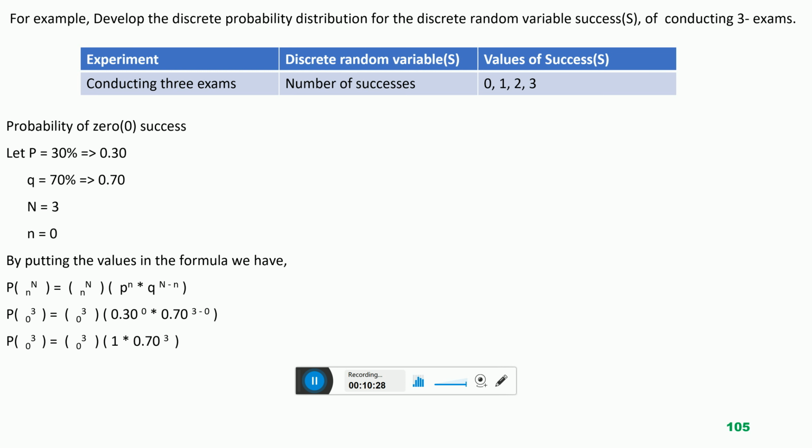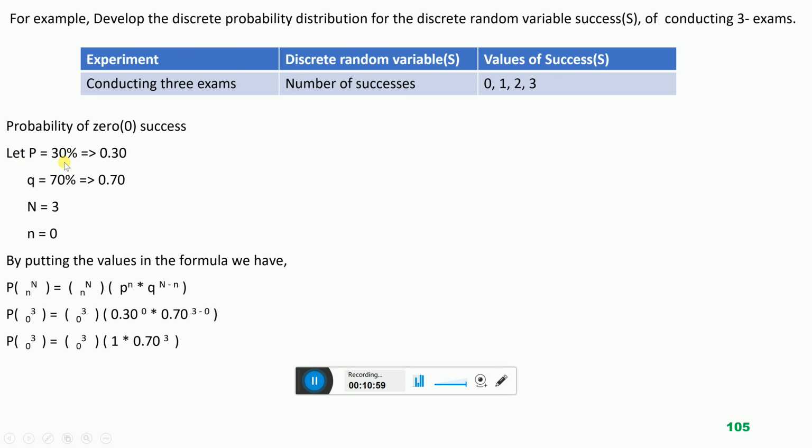So it means we can use the binomial discrete probability distribution function to assign the probabilities to the values of the discrete random variable success. So I am assigning probability of 0 success. How can we calculate, how can we assign probability to the 0 success?